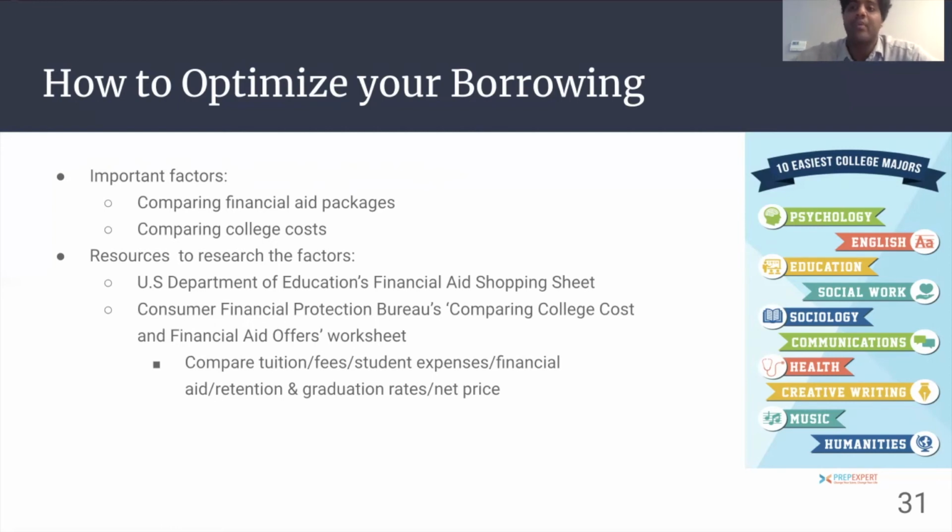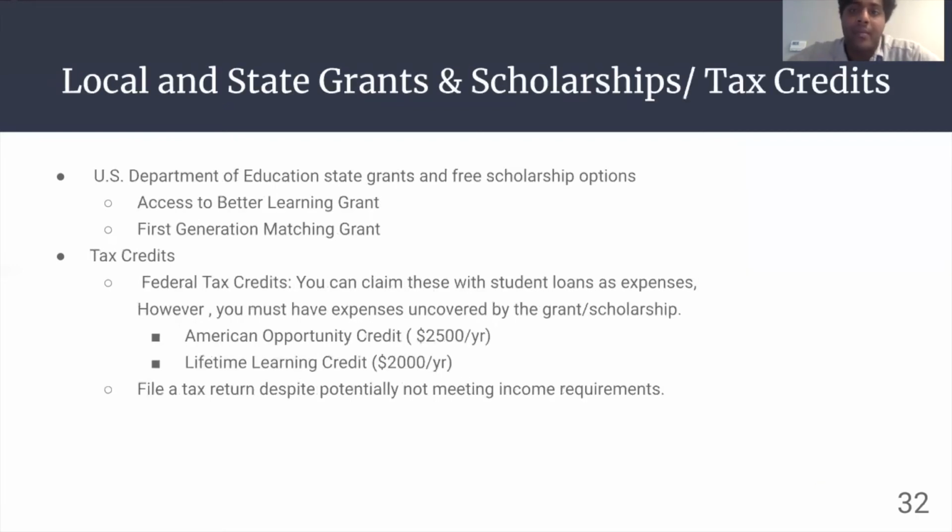Essentially, both of these will give you a better understanding of comparing the tuition, fees, student expenses, financial aid, retention and graduation rates, and just the total net price of going to college and what that's going to cost you. So those are really helpful.